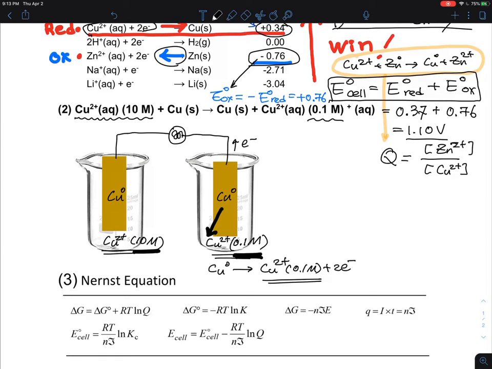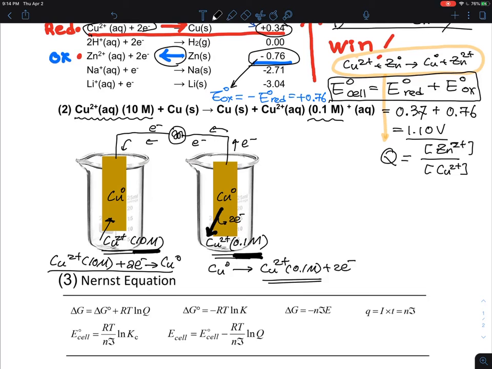The 2 electrons are coming out, and eventually they're going to flow this way. So electrons are flowing. When these electrons come in, the higher concentration side will deposit: Cu 2 plus at 10 molar will be deposited by taking the electrons from the other side to become Cu metal.